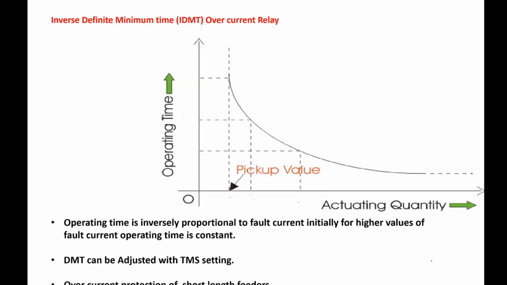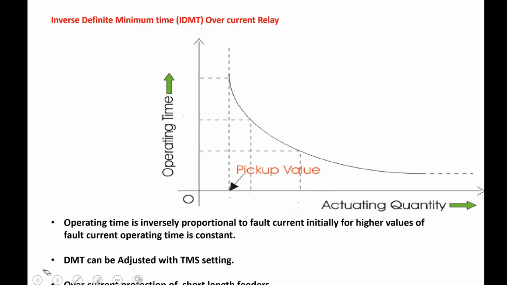The third type of relays are inverse definite minimum time relays. In short, they are called IDMT relays. So here the operation of this relay is such that initially, let us say it is PSM equal to 1.